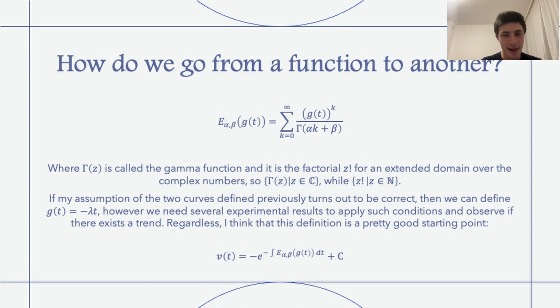But we can technically write this k of t with this Mittag-Leffler function, and I think that this definition is a pretty good starting point to find a generic form for every car in the game. Although you may need to find a particular value of alpha for every car, and that may take a lot of time.